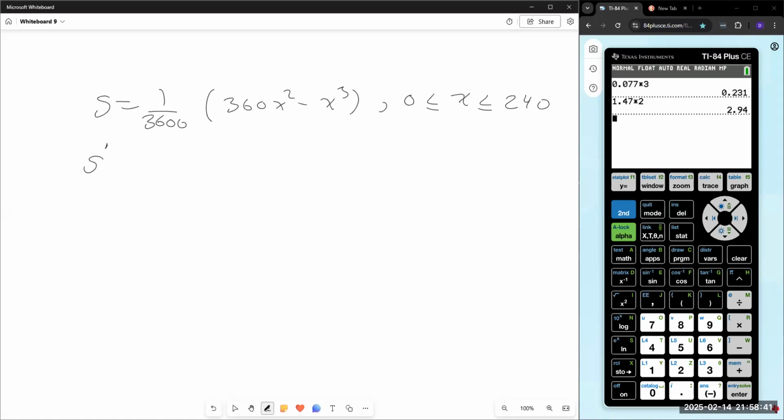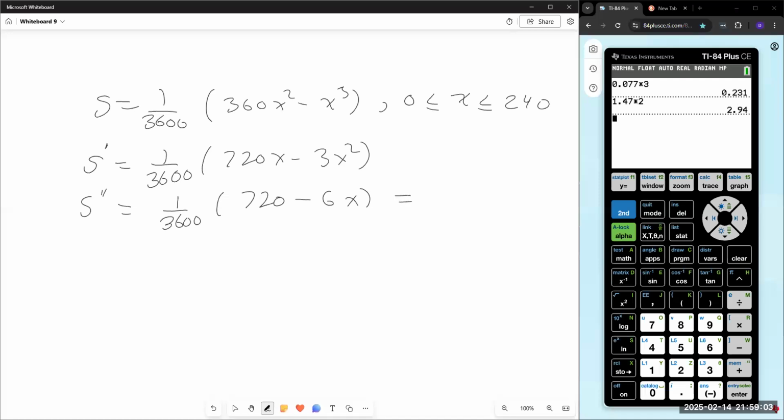That's going to require the second derivative. The first derivative is 1 over 3,600 times 720x minus 3x squared. S double prime is 1 over 3,600 times 720 minus 6x.